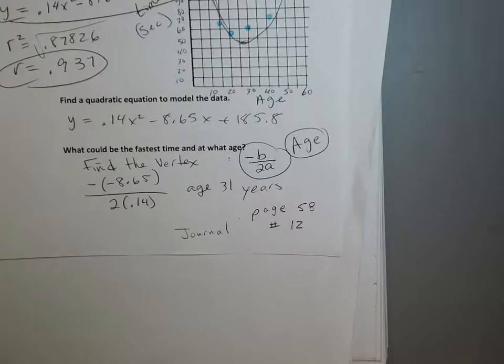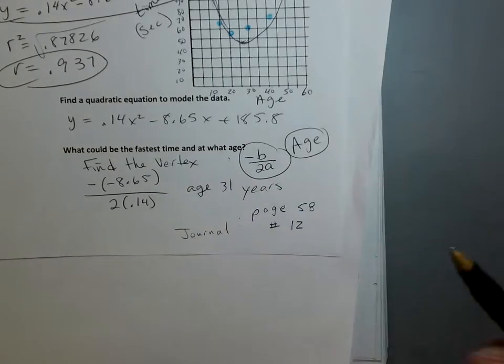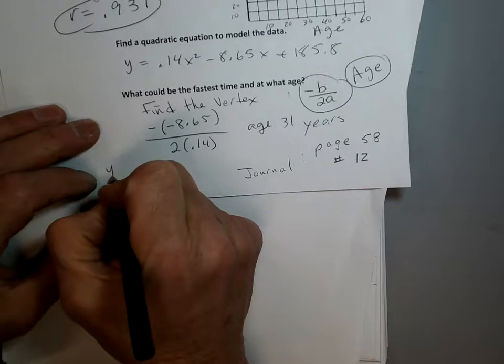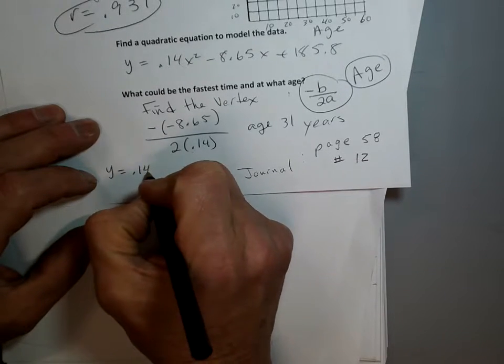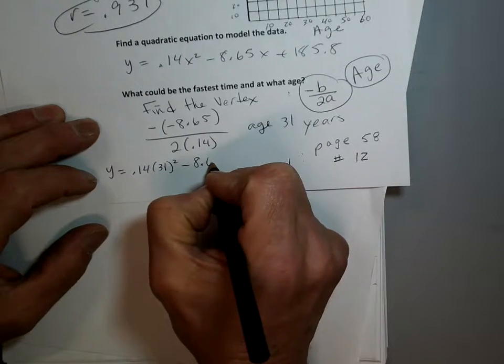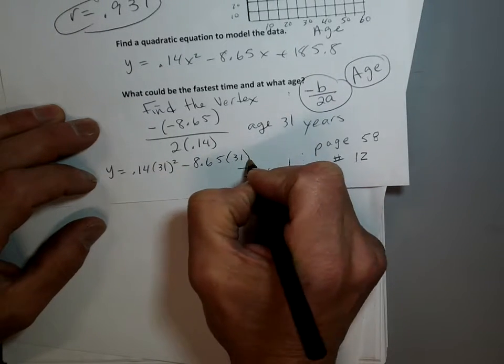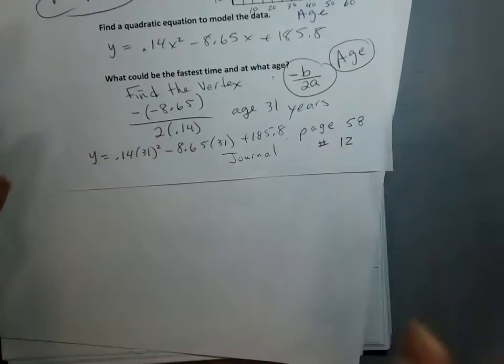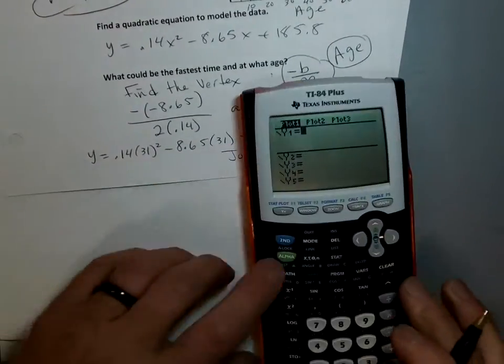Plug it in, right? And that's next value, right? So plug it in. Thanks, Rory. So we're going to go y equals 0.14 times 31 squared minus 8.65 times 31 plus 185.8. Okay. And I'm going to plug it in.